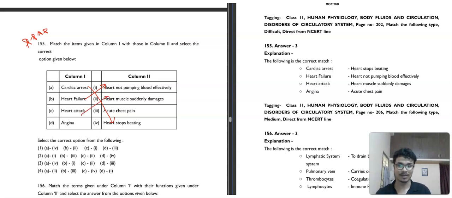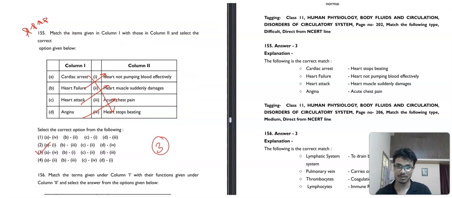That is the heart attack. And what is angina? Angina means acute chest pain. Suddenly you have very acute chest pain. In MBBS you will see there is a whole chapter on this, and they have GTN, glyceryl trinitrate, given sublingually to treat the condition. You don't need to know this much, but if you can solve the question, then you are good to go. So the correct answer will be option number third.